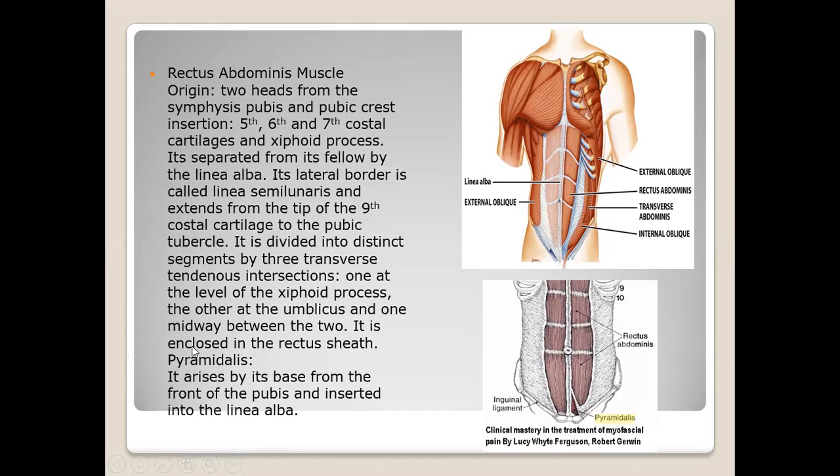Then we have the fifth muscle called the pyramidalis. It is a very small muscle present near the pubic crest and the pubic symphysis. It is a triangular muscle, that's why it is called pyramidalis, because it looks like a pyramid. It arises by its base from the front of the pubis and is inserted into the linea alba.